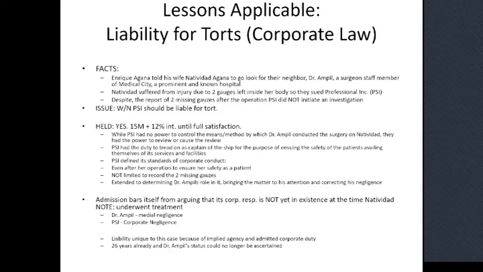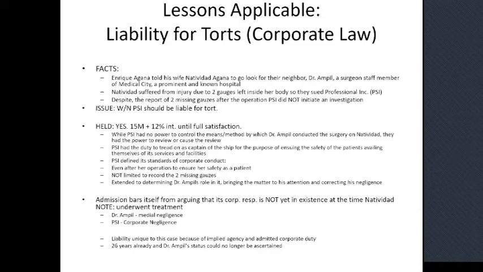It also extended to determining Dr. Ampil's role in it, bringing the matter to his attention and correcting his negligence. So therefore, they should have reached out to Dr. Ampil and said, Dr. Ampil, I think you should follow up your patient and ensure that you do due diligence and look for that gauze, and if you need to reoperate to ensure that the patient is safe.